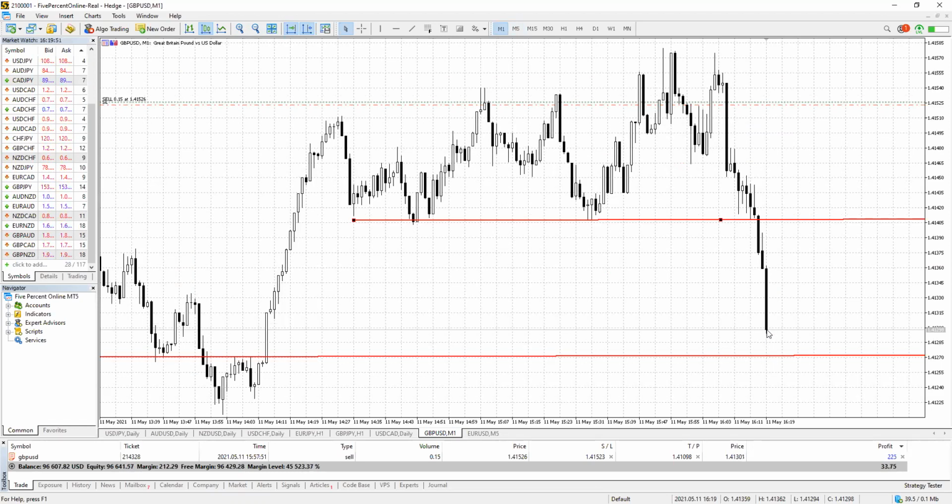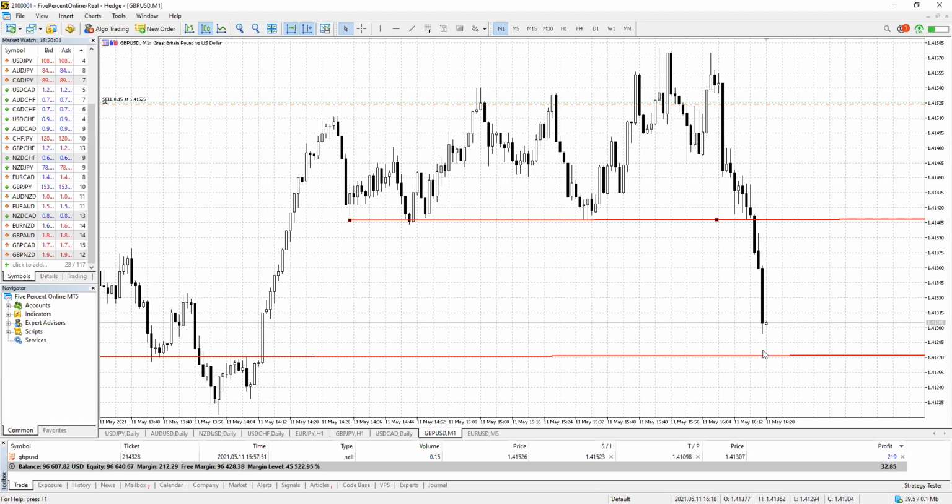Okay, approaching the demand. That's the area that we expect buyers to become active. So if you're swinging this trade, this is your next exit point, take profit point, because now we will start the fight between buyers and sellers.